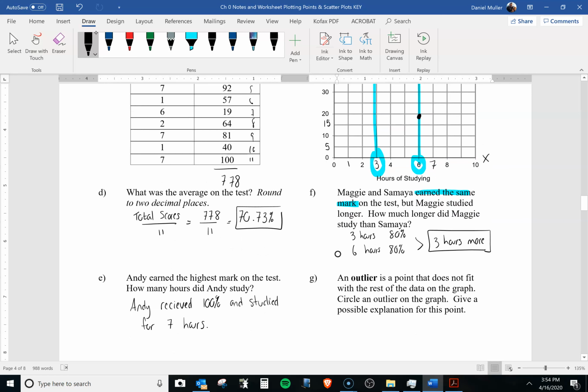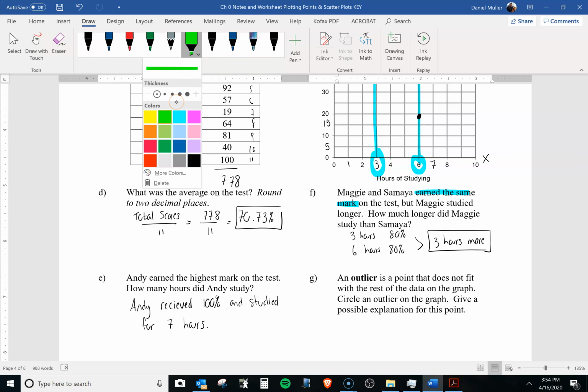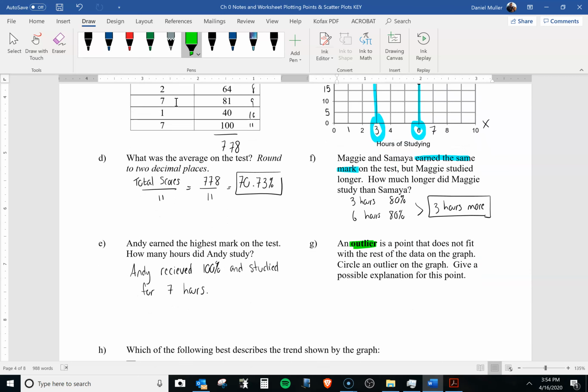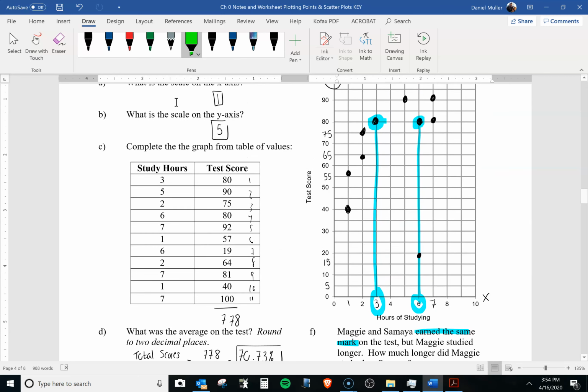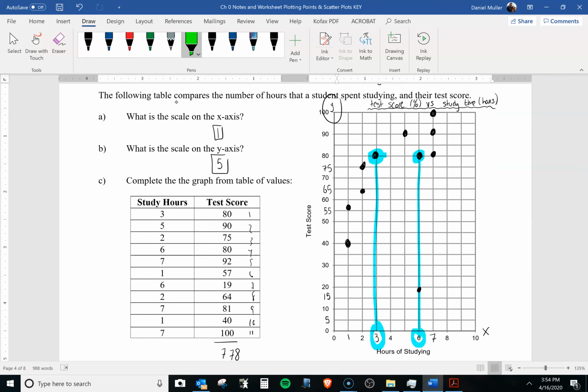Now an outlier. So an outlier is a point that does not fit with the rest of the data. Circle the outlier, give a possible explanation. So it looks to me like this trend, this pattern, is heading up. The more hours you spend studying, the better mark you will get.